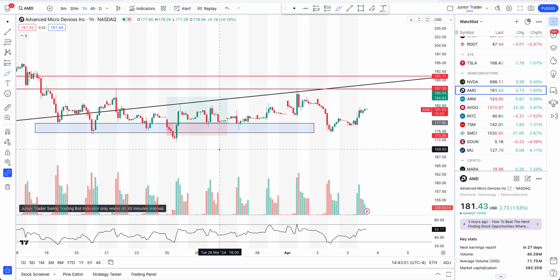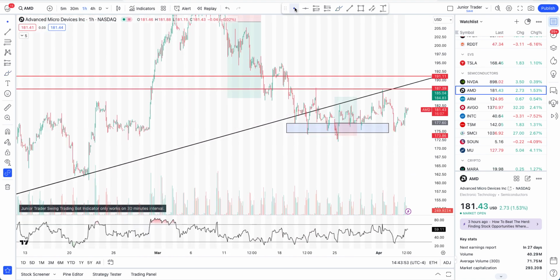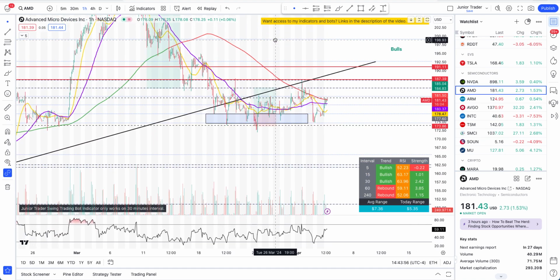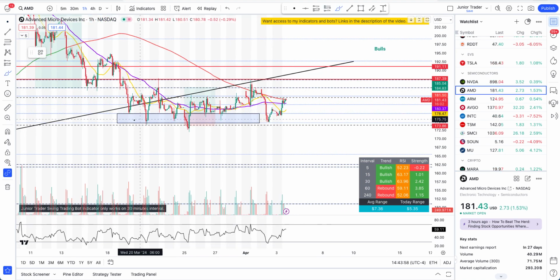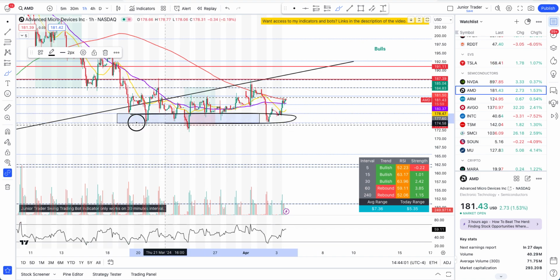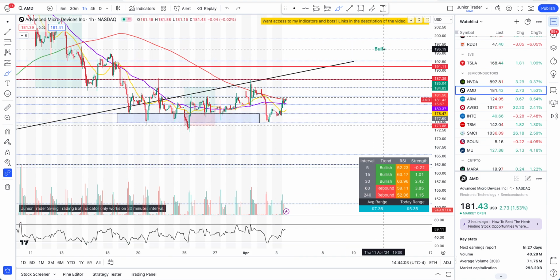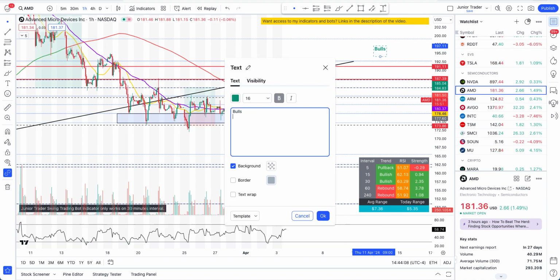If I take you to the hourly interval, you will see that it has been constantly holding this area. So definitely, for now, this holds a lot of weight. I'm going to give it a weight of at least, let's say, 4 to start off with. It's a good weight. You will soon understand what I'm doing here.